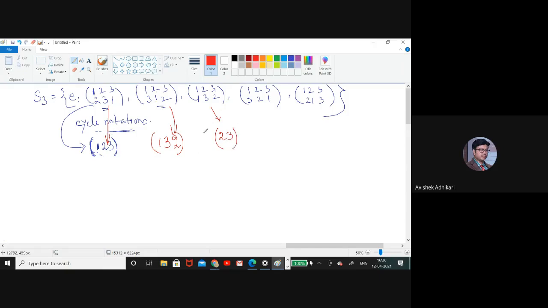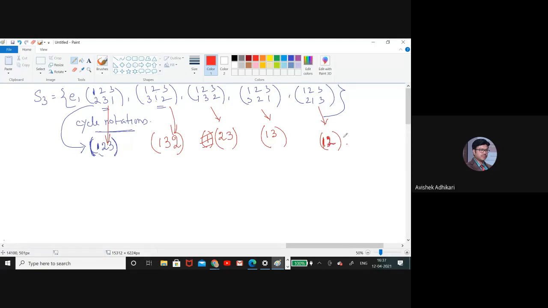Or some authors prefer to write like this. Sorry. 1 goes to 1 means it's a cycle closed, and then 2 and 3. Similarly here, can you tell me what should be this notation, cycle notation? 1, 3, and 2. Okay, 1, 3, and then this is 2, 1, 2. Okay, is the cycle notation clear to all of you?